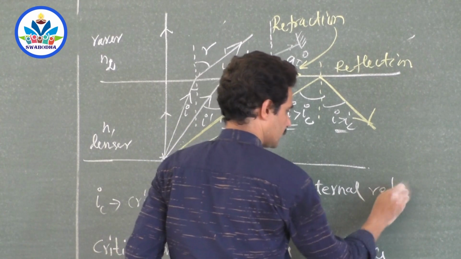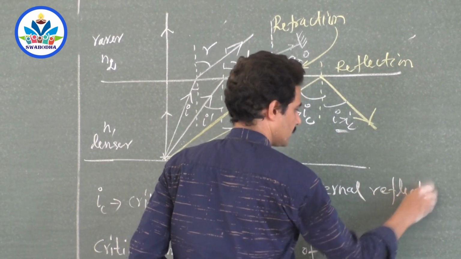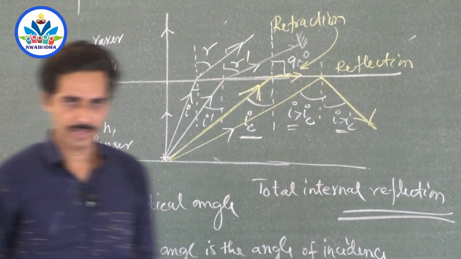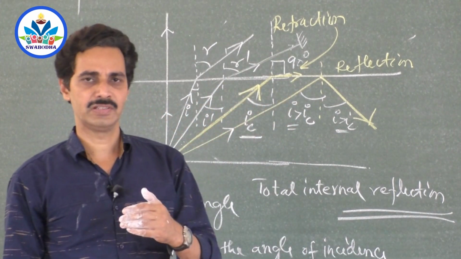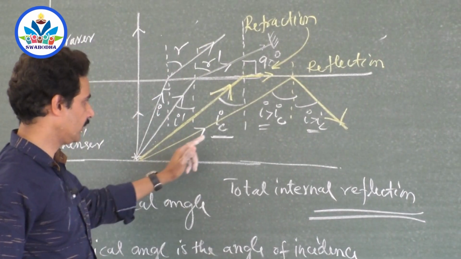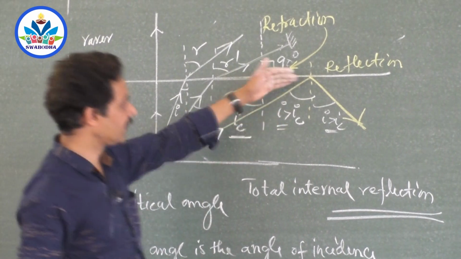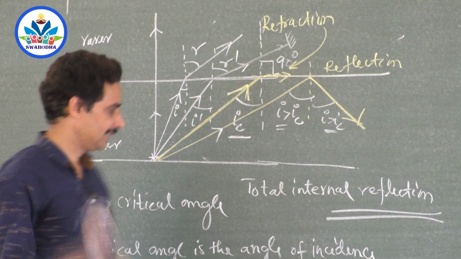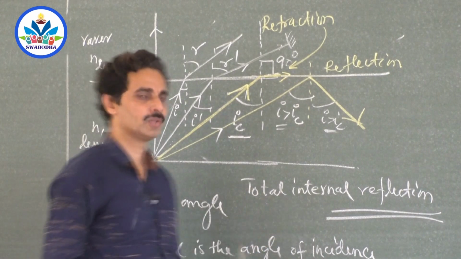So you may be asked to define what is total internal reflection. When a ray of light travels from denser medium to rarer medium, if the ray of light is incident at an angle greater than the critical angle, the ray reflects back to the same medium. This process is called total internal reflection.